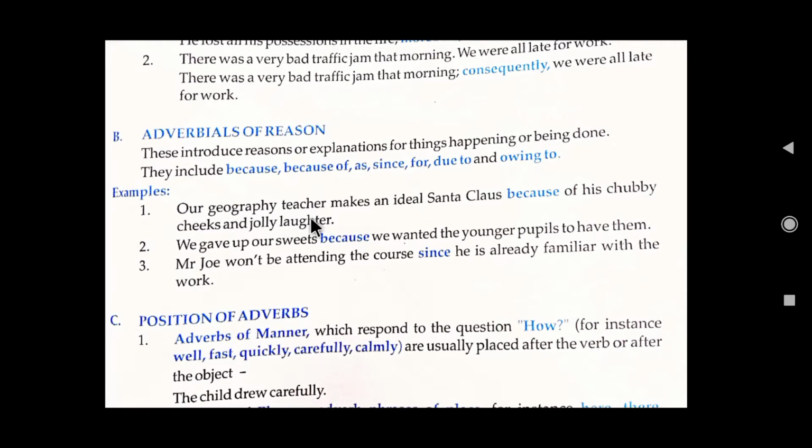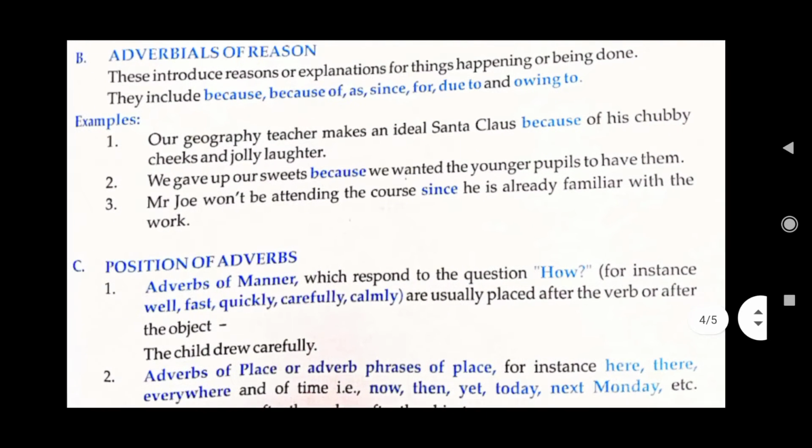Our geography teacher makes an ideal Santa Claus because of his chubby cheeks and jolly laughter. So we have given the reason why he is an ideal Santa, because he has chubby cheeks and jolly laughter.